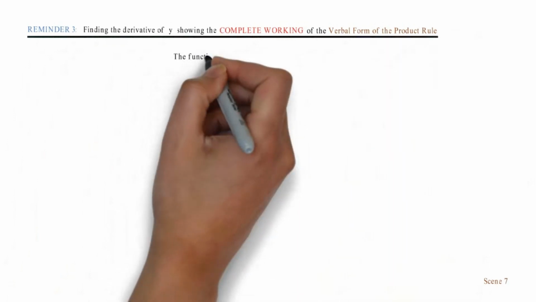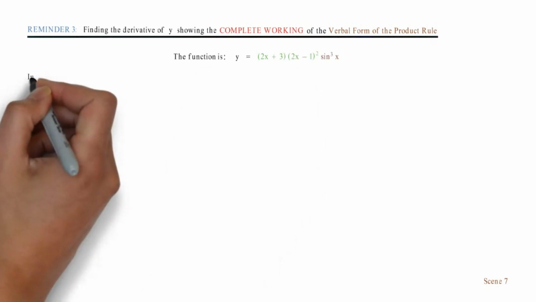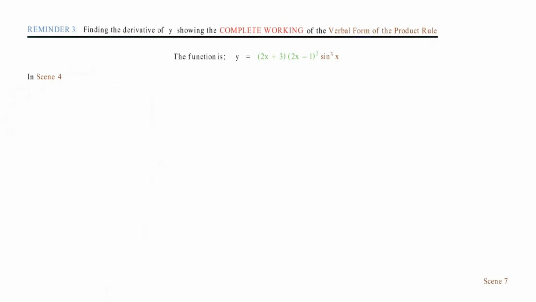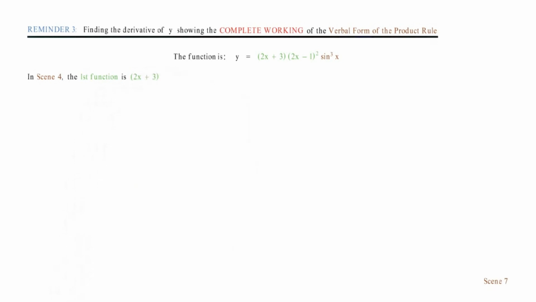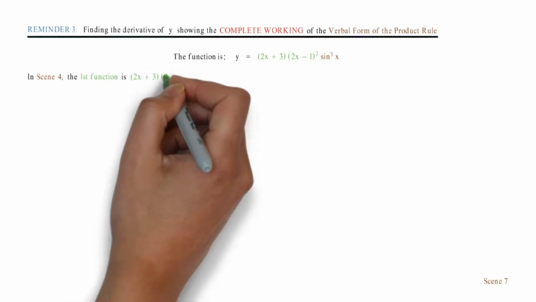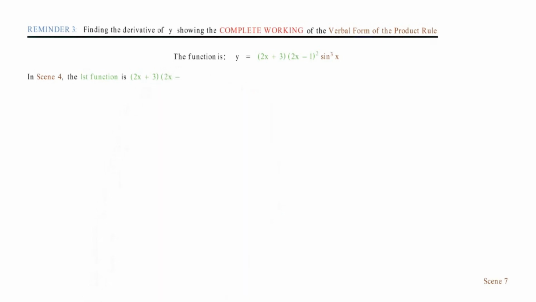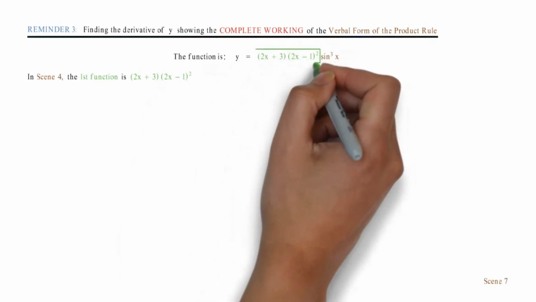The function is in scene 4. The first function is 2x plus 3 times 2x minus 1 all squared.